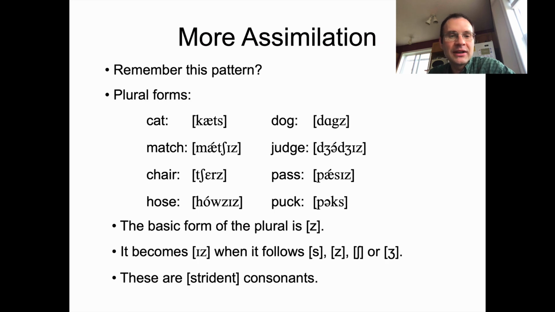We wouldn't expect interdentals to participate in this pattern as well. You can think about that like path, a noun in English that ends in an interdental fricative, which is voiceless. Paths is the plural form of that, so we get the voiceless plural morpheme there, the s at the tail end of a word like paths.